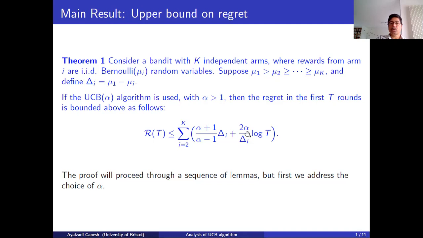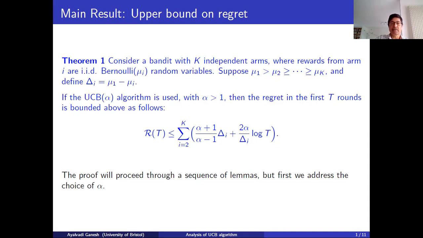So this suggests to choose alpha small, but we can't make it too small because the first term is decreasing in alpha, and further it blows up as alpha gets close to 1. So as you decrease alpha towards 1, this term becomes infinite. So alpha needs to be bigger than 1, and there needs to be a bit of a margin from 1, or else this term is huge.